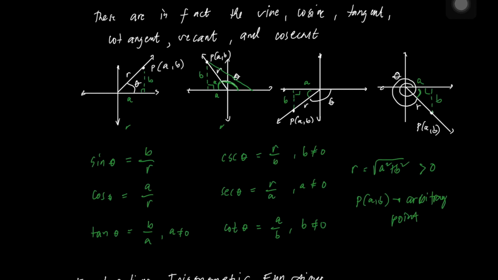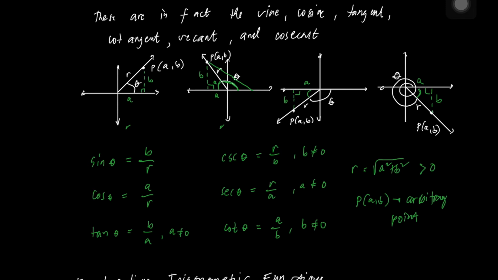In the previous discussion, we were able to find the values of the 6 trigonometric functions in the rectangular coordinate system, regardless of whether the terminal side of the angle is in the first, second, third, or fourth quadrant.